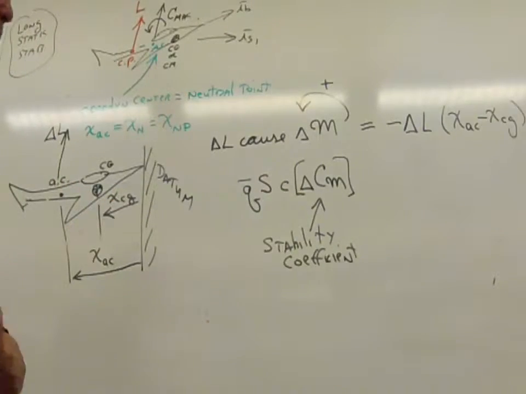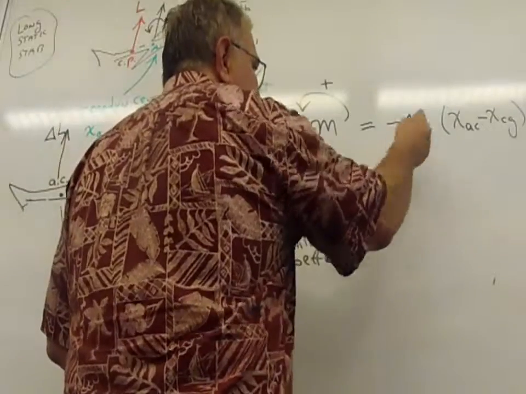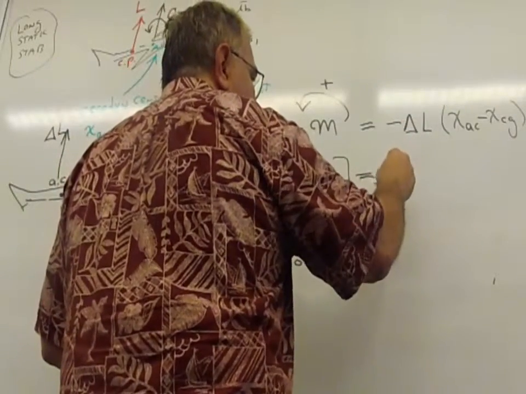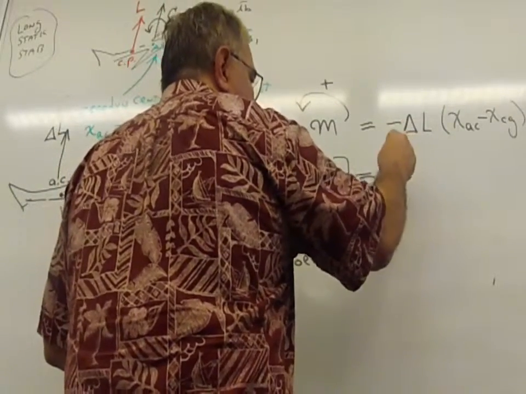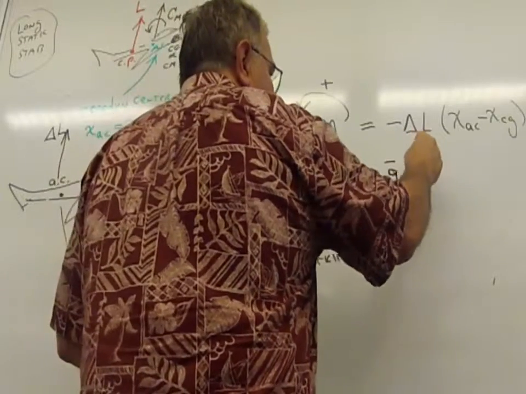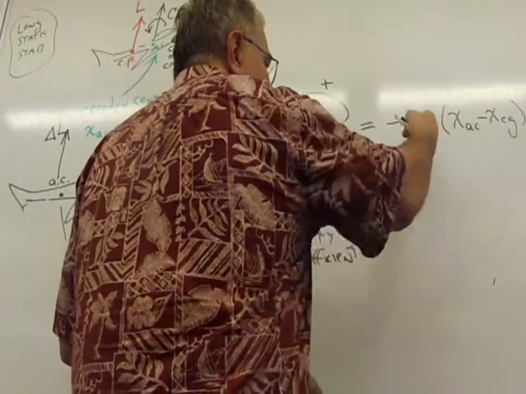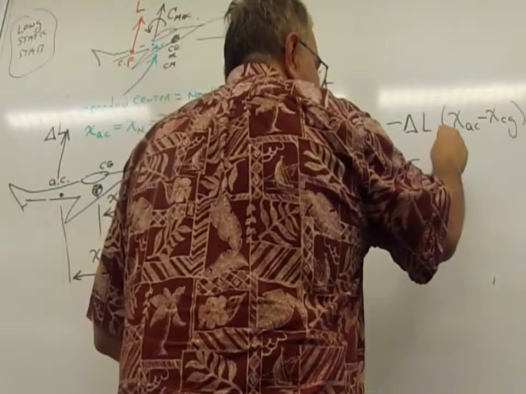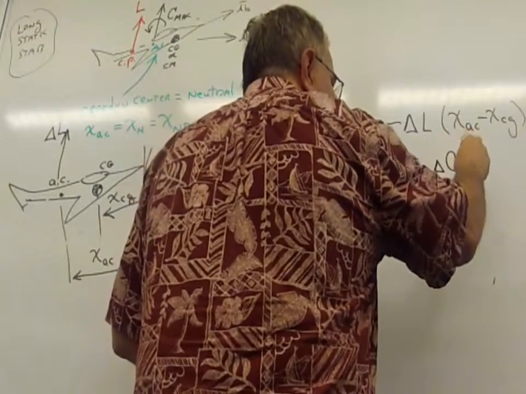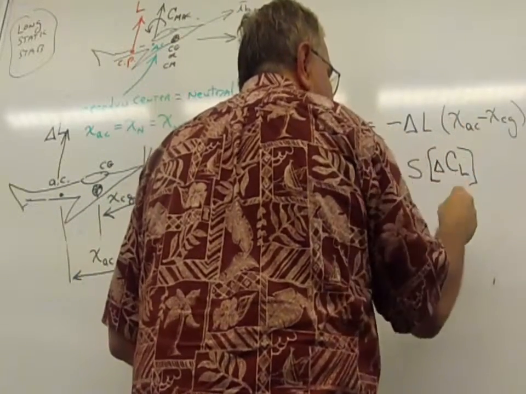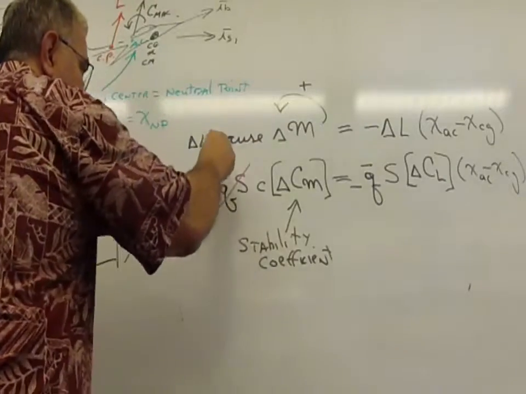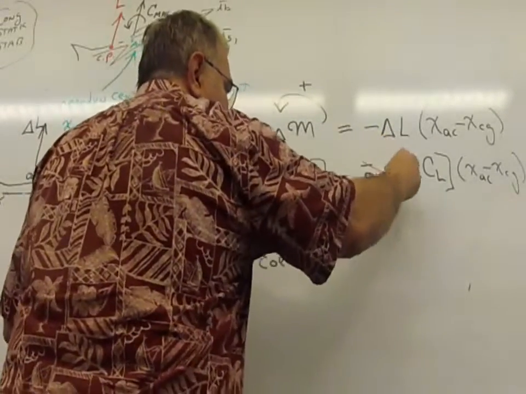It's a unitless number. And on the other side, this guy is going to have delta L. Well, that's going to be minus, same Q bar, S, and then delta L. So this is going to be delta CL, coefficient of lift. These guys are going to cancel on both sides.